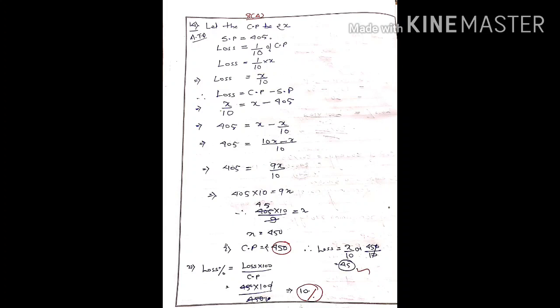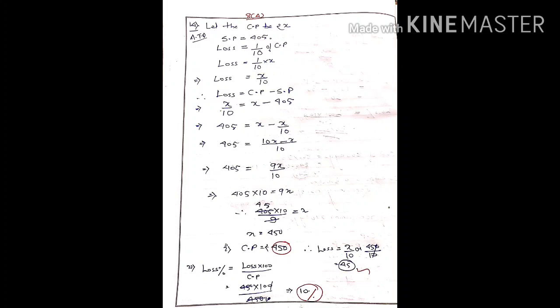These three things are given in the question. 1/10 of CP. CP is X, so loss is how much? X by 10. What is the formula of loss? CP minus SP. Put the value. X by 10 is equal to X minus 405. Do calculation. X will come 450.